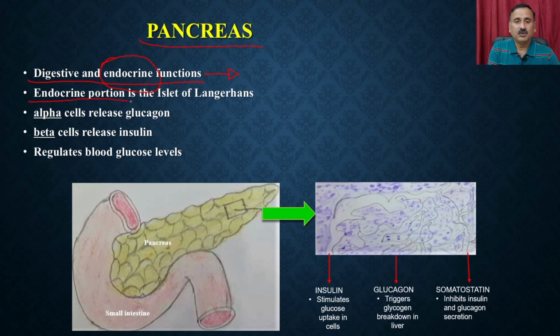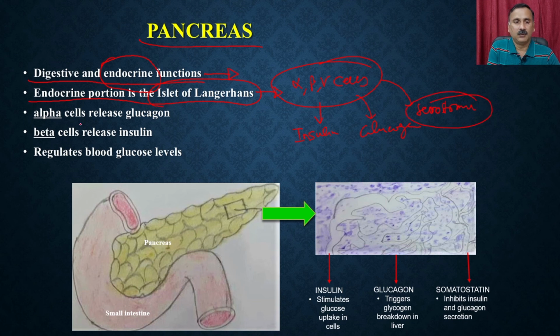The endocrine portion is the islets of Langerhans, from where you have the alpha, beta and gamma cells, and these alpha, beta and gamma cells are going to secrete three hormones. One is insulin, the other is called glucagon, and the third is called serotonin.